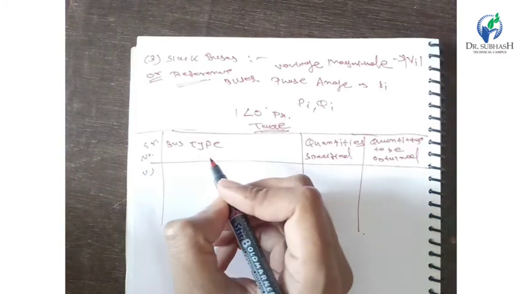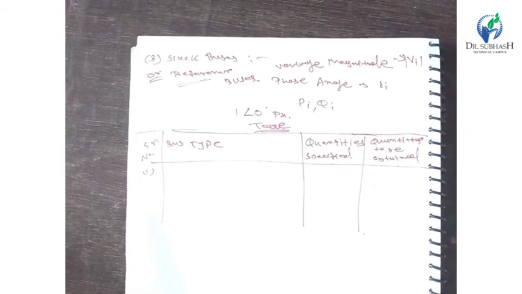Here is a table to remember clearly which quantities are specified and which parameters are to be obtained for the buses.